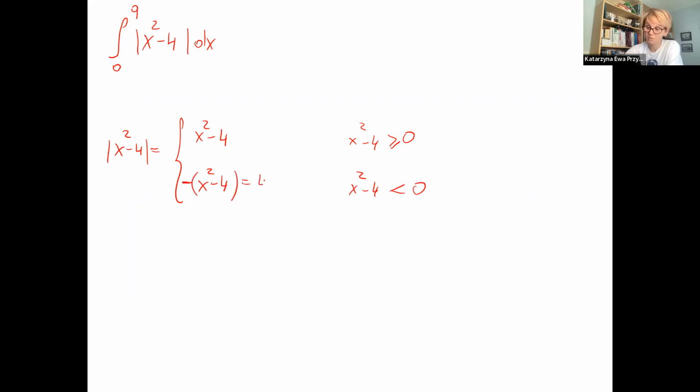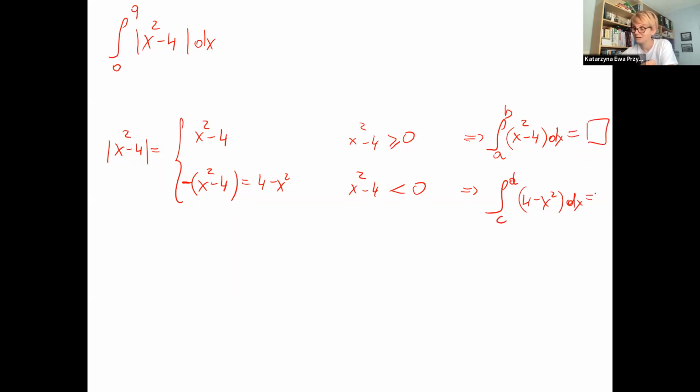We can see it will be 4 minus x squared. And then consequently we will have an integral of x squared minus 4, but we need the limits of integration. Let's say a, b. And then we will integrate that formula, 4 minus x squared, but we need also the limits. Let's say c and d.